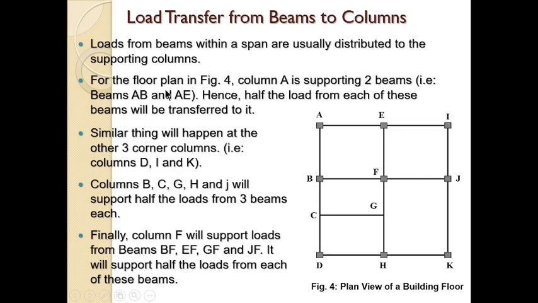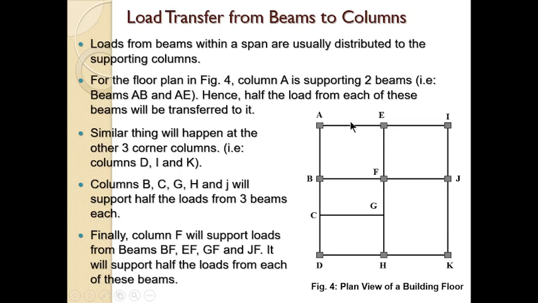For the floor plan in figure 4, this is a floor plan of a building. You can see that column A is supporting two beams, that is beam AB and beam AE. Hence, half of the load from each of these beams will be transferred to it.